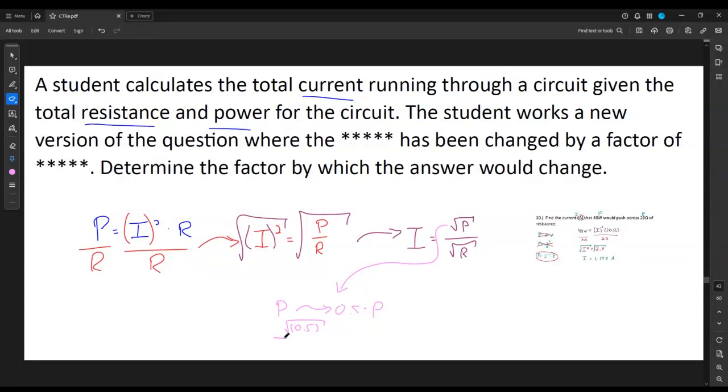So that's going to be important for the answer. On the bottom, we've got a 1 technically under a square root, so nothing's going to happen there. So what I'm looking at then is the square root of 0.5. We've seen that already a couple of times, but that's going to turn into 0.7071.